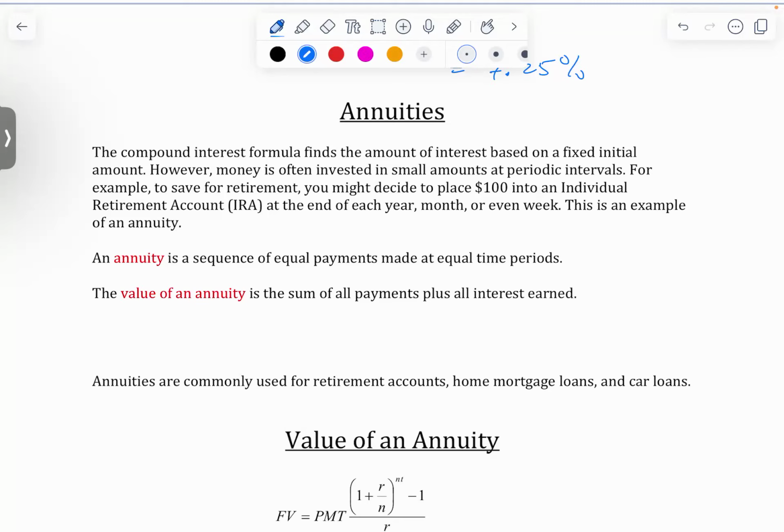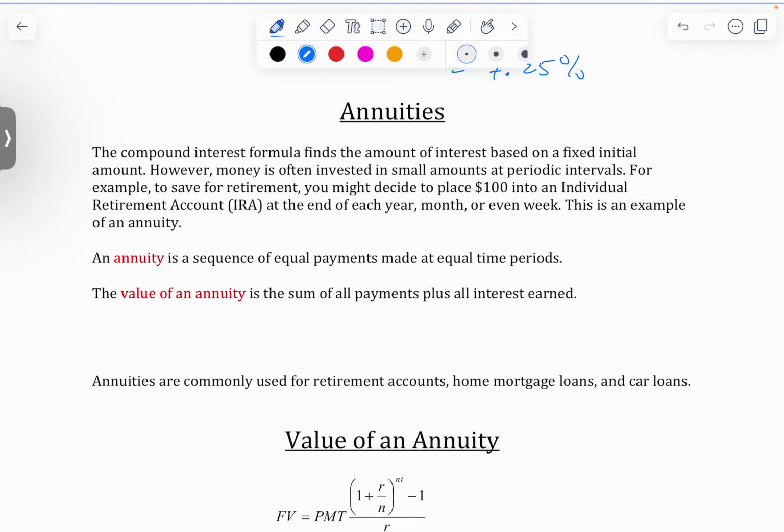What's much more realistic is car payments and house payments and retirement investments. People paying small amounts over long periods of time. We have lots of time in life, and at no point in my life am I going to be holding on to $100,000. So what we tend to do is pay in small amounts over time to create that $100,000.